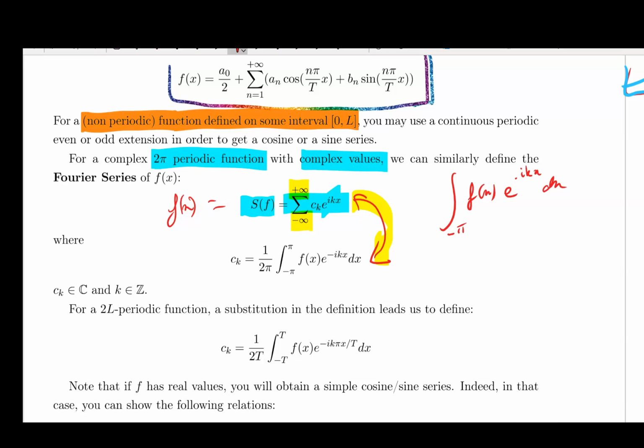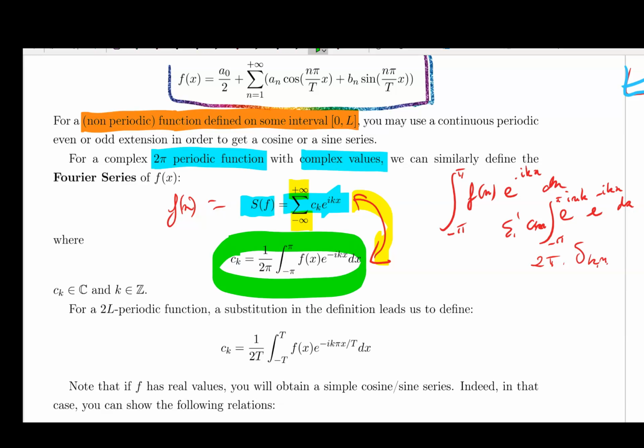On the other side you will get a sum of c_n times the integral of e to the i n x times e to the minus i k x dx, and again this is going to give you 2 pi times delta kn. The delta being again that Kronecker symbol equal to 1 if k and n are equal to each other and 0 otherwise.